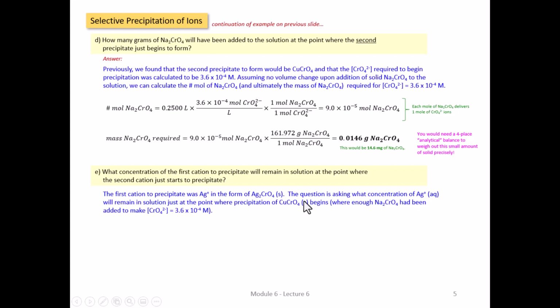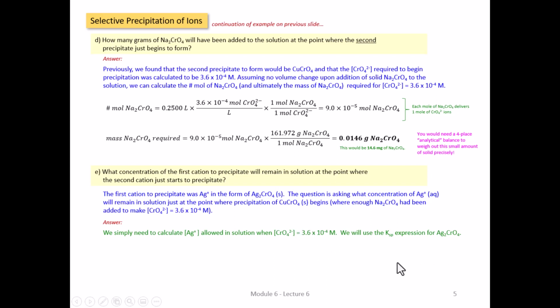So it says, what concentration of silver ion will remain in solution just at the point where precipitation of copper chromate begins, where enough sodium chromate has been added to make that chromate ion concentration 3.6 times 10 to the minus 4 molar. Well, we simply need to calculate the silver ion concentration allowed in solution when the chromate ion concentration equals 3.6 times 10 to the minus 4.